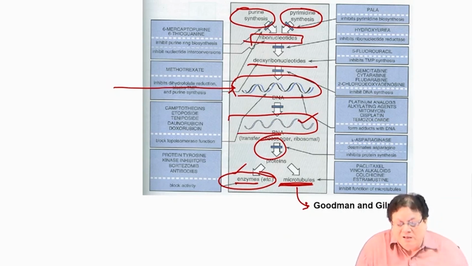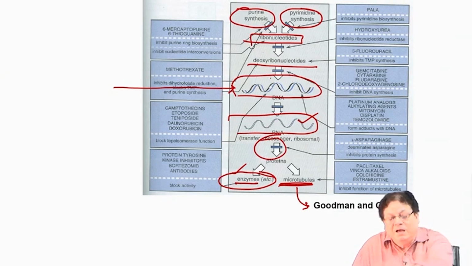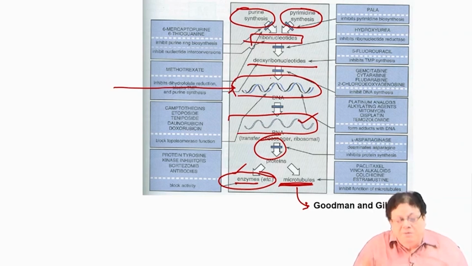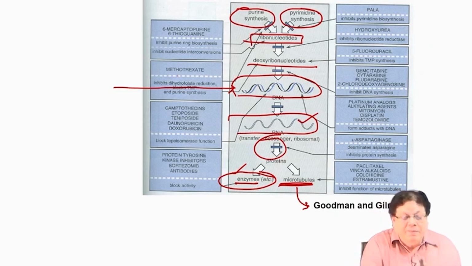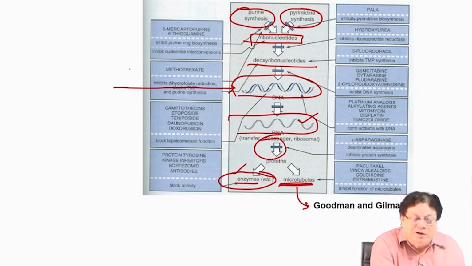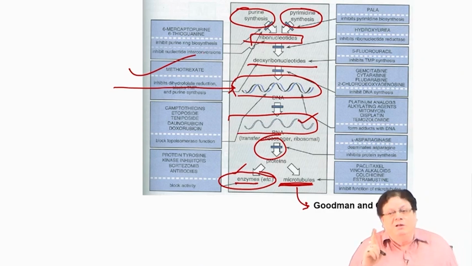I will just take not all, because the development of anti-cancer drugs is itself not a lecture but a course by itself, but we will try to finish up as quickly as possible, just taking some of these as the key examples like methotrexate. Okay, we have already done the methotrexate.